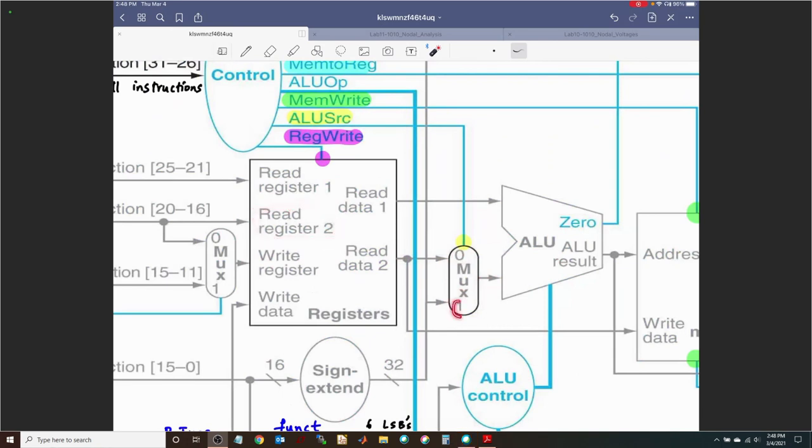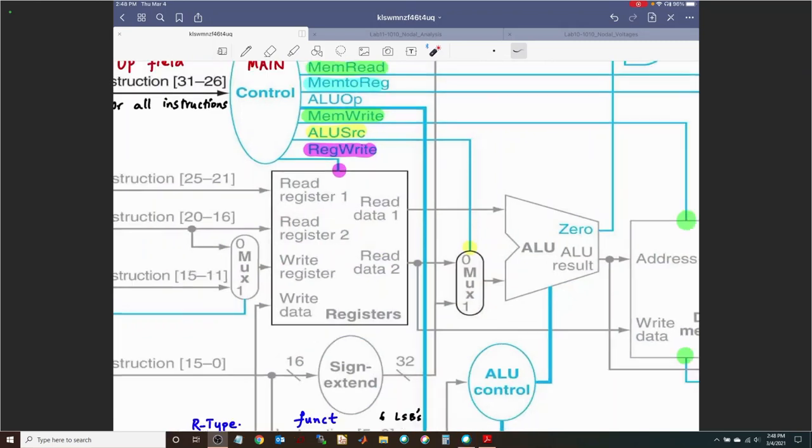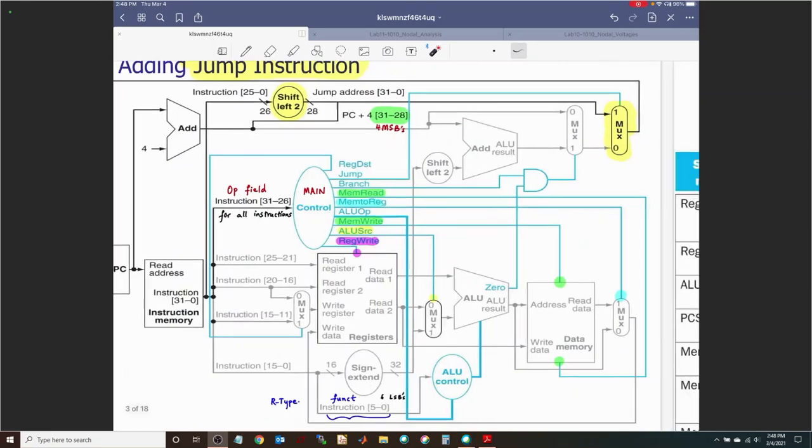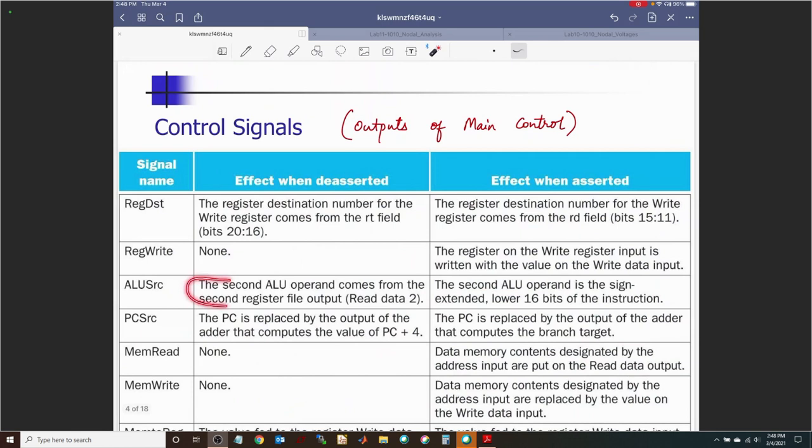And when it is asserted, it would be the 32-bit sign extended offset or immediate. It could be an offset, it could be an immediate, depending on whether it's a branch operation or an addi, like immediate arithmetic operation. So that you see over here, right? So if it is not asserted, then you're using read data 2 as one of the ALU operands. When it is asserted, then it will be the lower 16 bits of the instruction, which is the sign extended instruction. So all those details are listed over here.